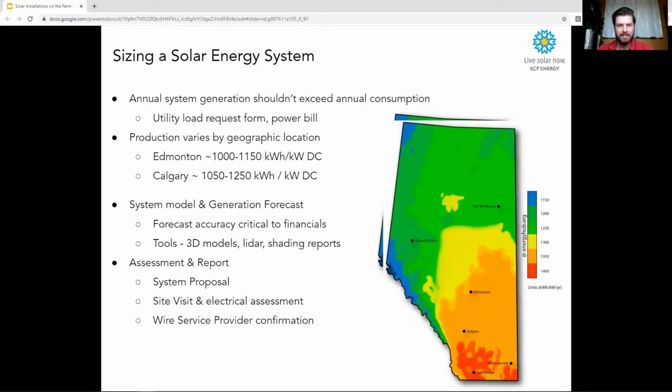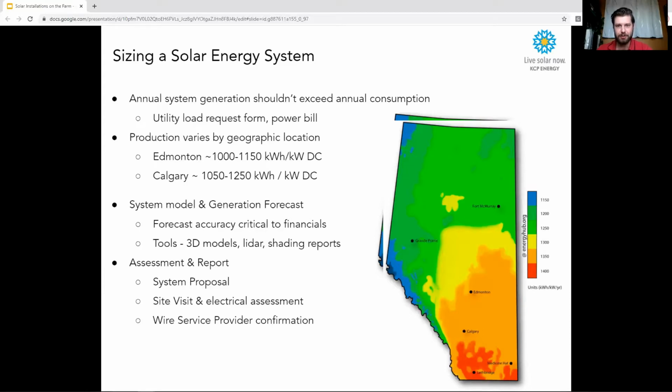I believe Medicine Hat is the highest producing municipality in Alberta, but the best in Canada is actually Regina. So Medicine Hat is close to one of the best places in all of Canada, and Southern Alberta in particular is one of the best places in Canada altogether. It's also pretty high on the global scale. So it's a pretty phenomenal solar resource in Alberta that we're lucky to have.